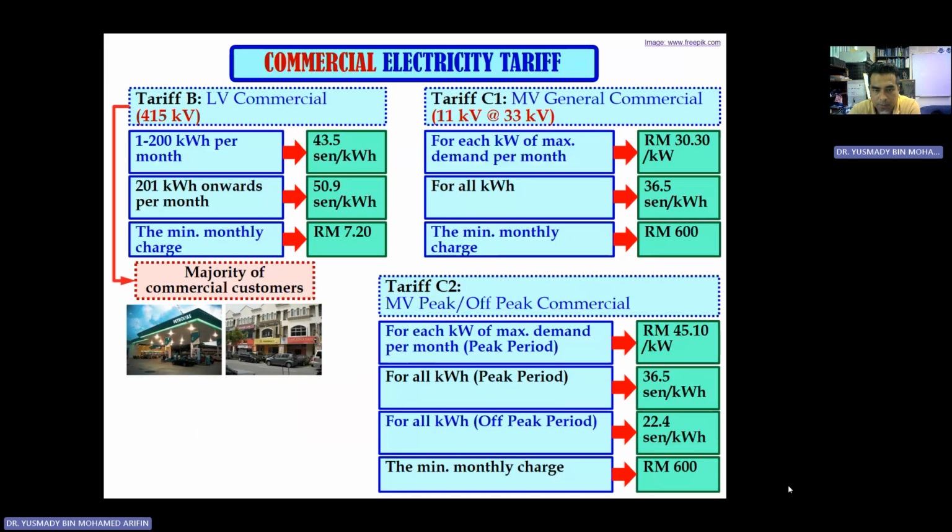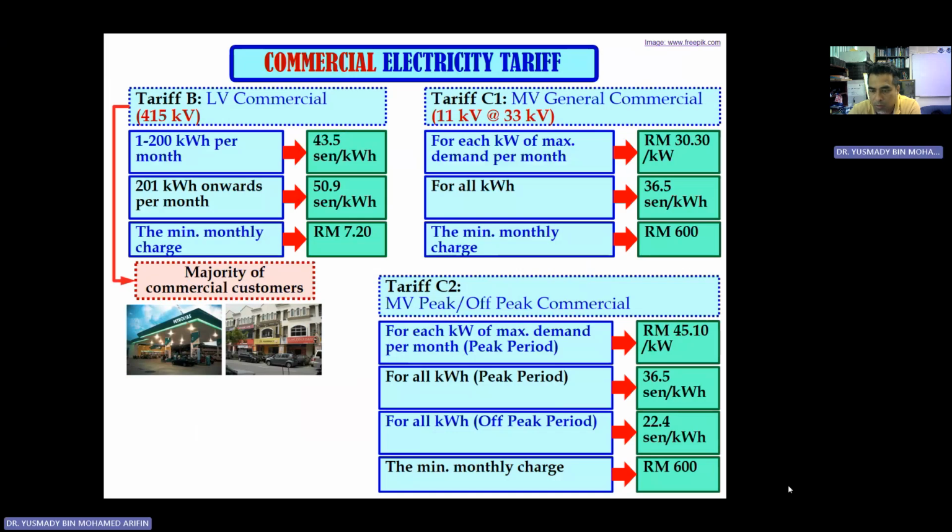And also we have tariff C2 for medium voltage based on peak and off-peak periods. For each kilowatt of maximum demand per month during the peak period, it is 45 ringgit 10 cent per kilowatt. For all kilowatt hours during the peak period, 56.5 cent.